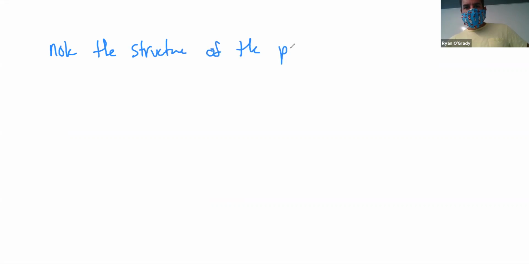Okay, so let's make an important comment. What we did is we had P implies, and then we had a couple intermediate steps, and then finally we showed that Q is true.